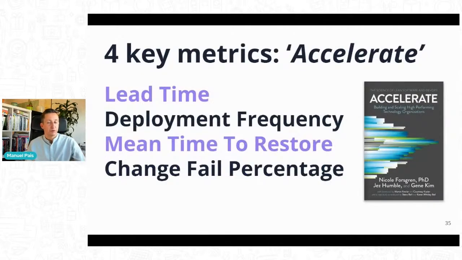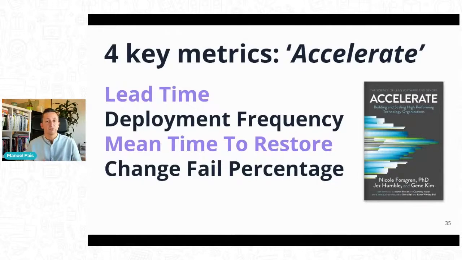So if you're familiar with the book, you know about the 4 key metrics: lead time to get a change into production for customers to use, deployment frequency, mean time to restore from a problem in production in one of our services or products, and change fail percentage.